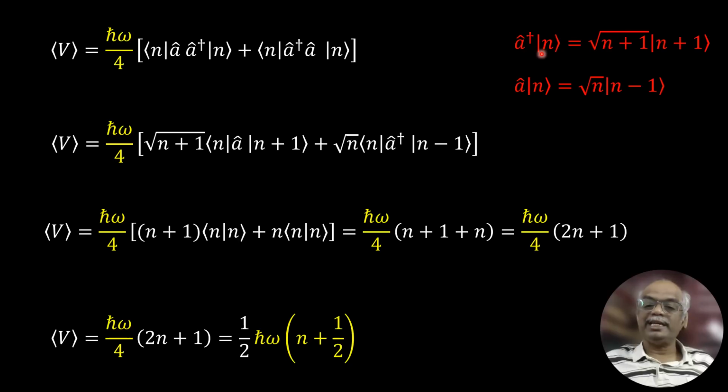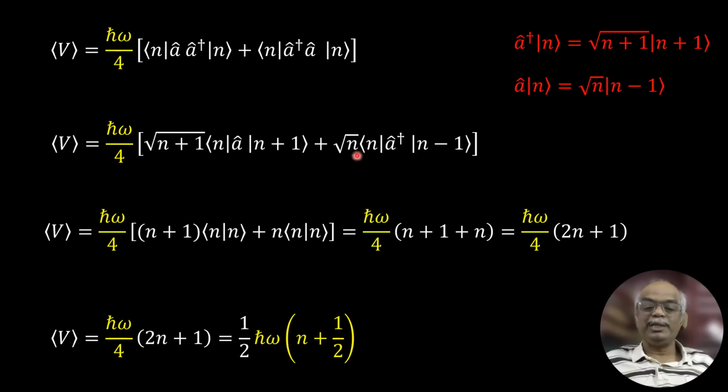It raises its energy state by 1 with expansion coefficient square root of n plus 1. We have seen in theory about annihilation and creation operators. So let a dagger act on n first. So this state rises to n plus 1 with the expansion coefficient square root of n plus 1.